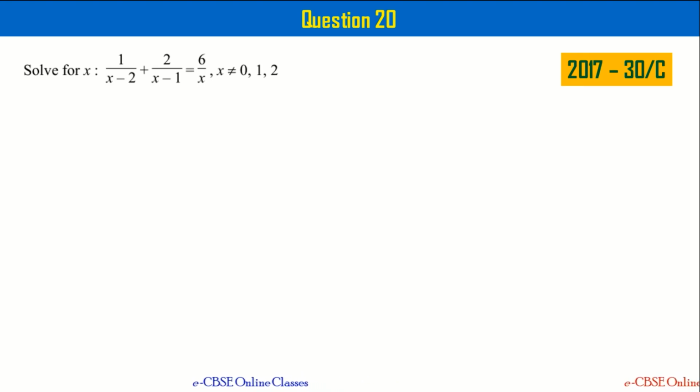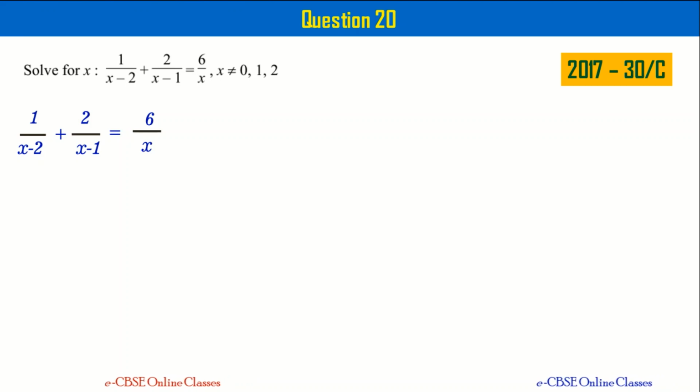Solve for x. The expression given is 1 by x minus 2 plus 2 by x minus 1 equal to 6 by x, where x cannot be equal to 0, 1 and 2, right? Let's write the expression as is.